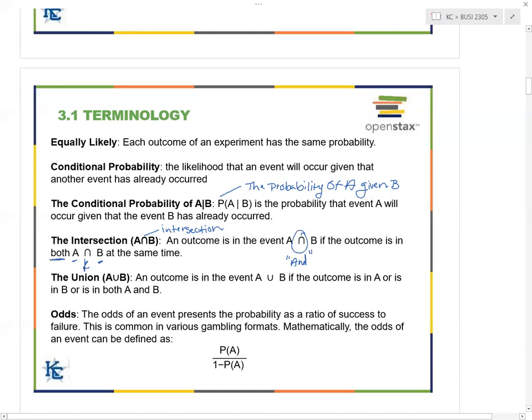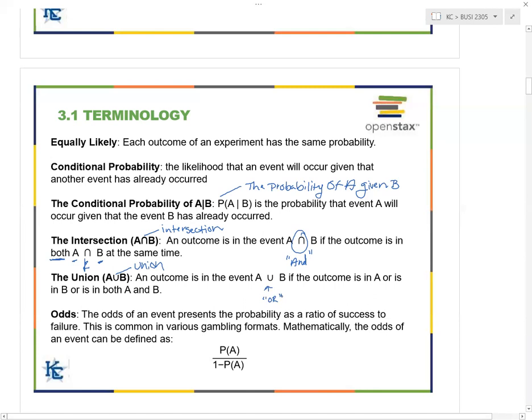The union A union B is the event that is the outcome if A or B is in B or is in both A and B. So this symbol here is a union. And the union means that for an event to be in A union B, it has to be in A or B, because the union means the word or.